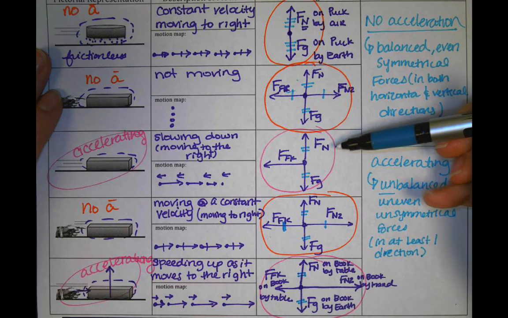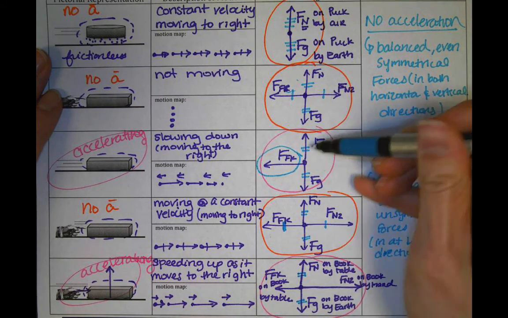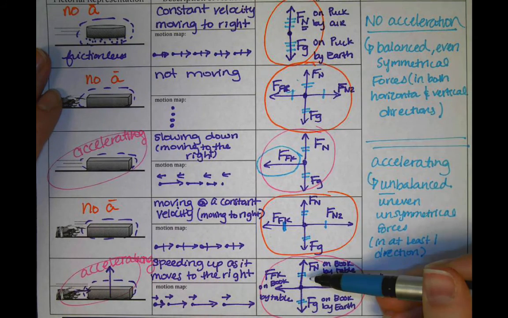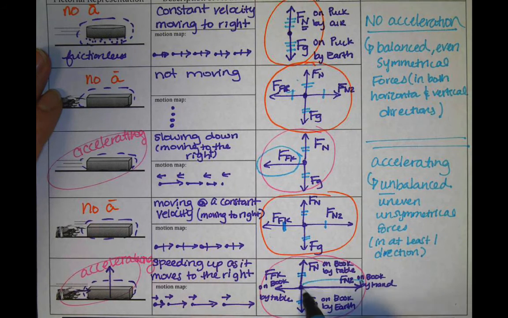So looking at my pink circles here, this one is unbalanced. These top and bottom cancel out, but this is left unbalanced. On the bottom diagram, the top and bottom cancel out, but this force to the right does not cancel out the force to the left because it is much larger. So if you were to add them together, this one is still left over.